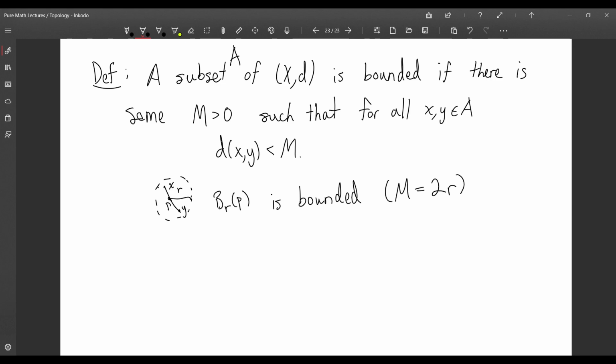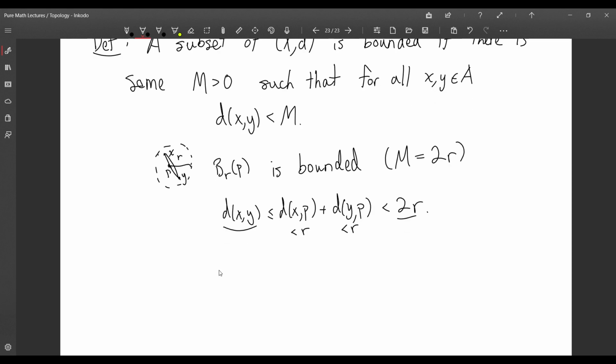The distance between x and y is less than or equal to the distance from x to p plus the distance from y to p. And both of these distances are less than r, because x and y are in the ball, so these are both less than 2r. So the distance between x and y is always less than 2r.